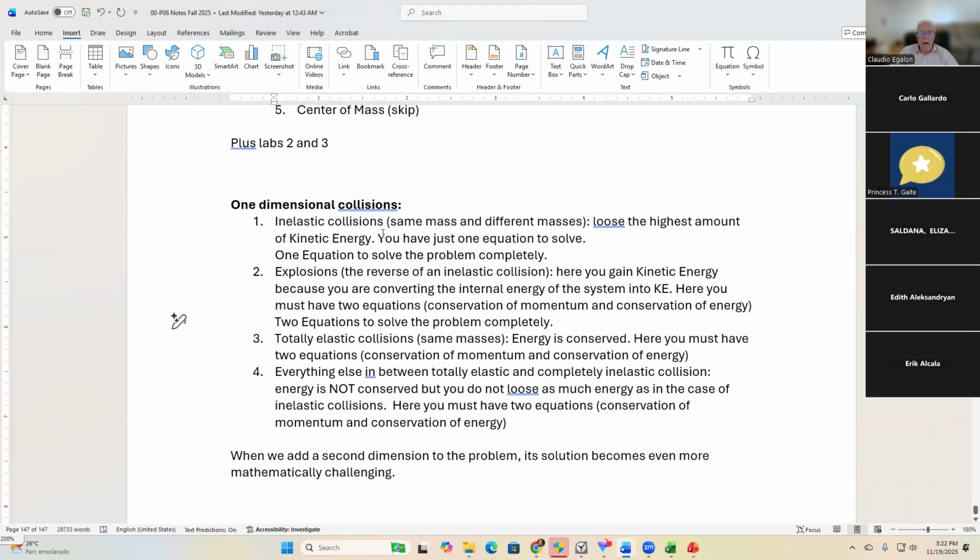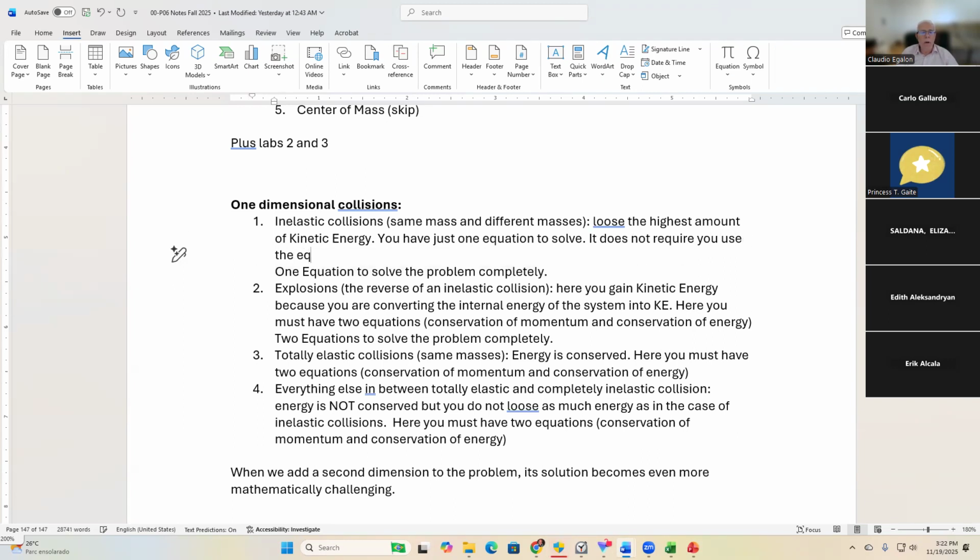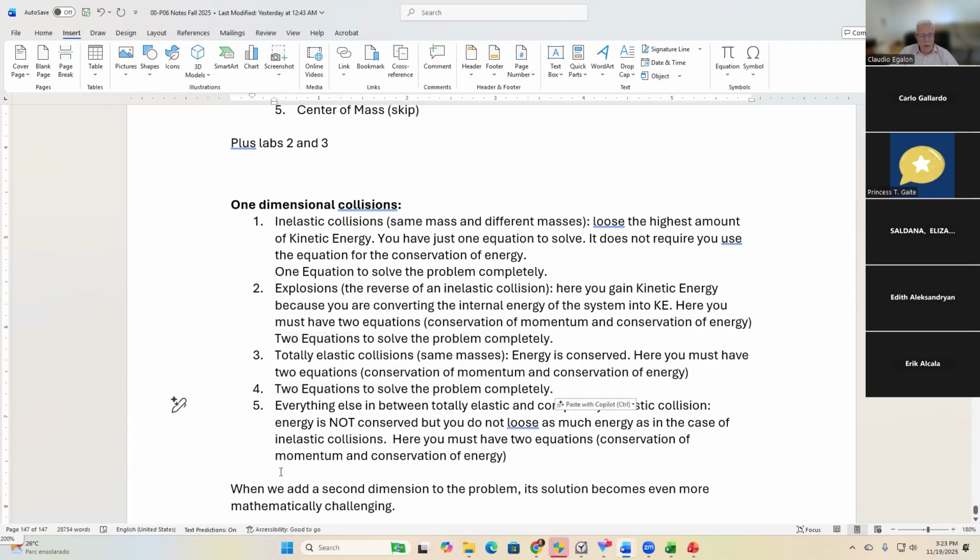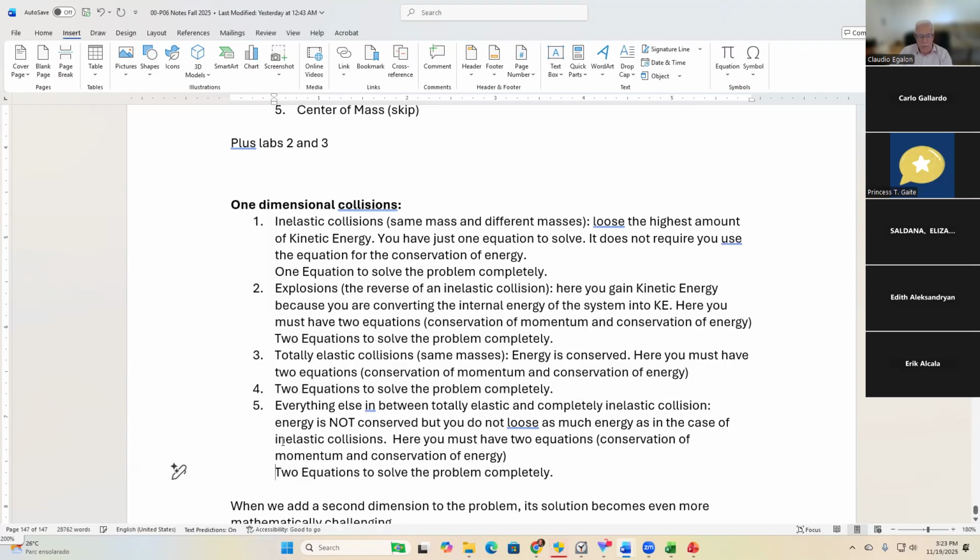The solution for this type of problem does not require that you use conservation of energy. It does not require the equation for the conservation of energy, but the other ones do.